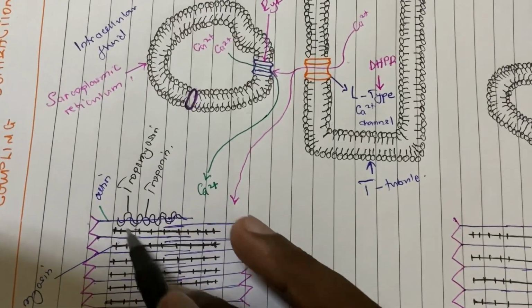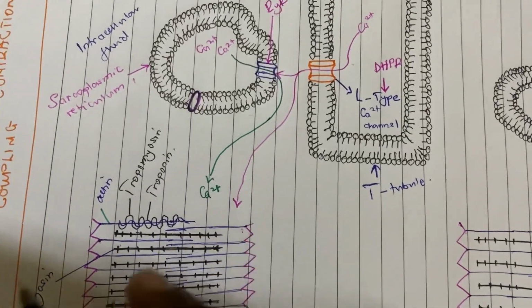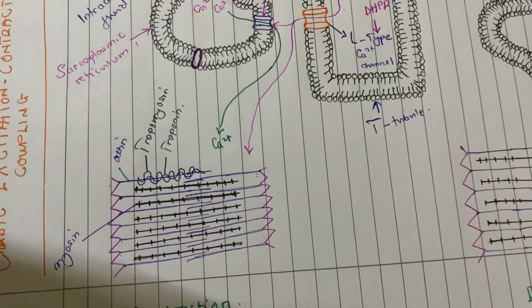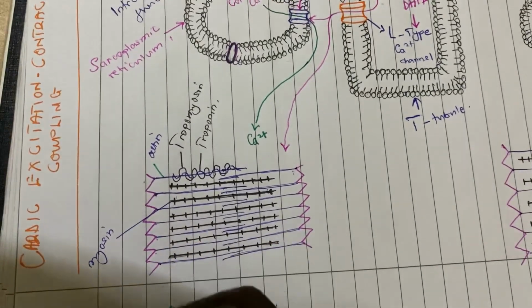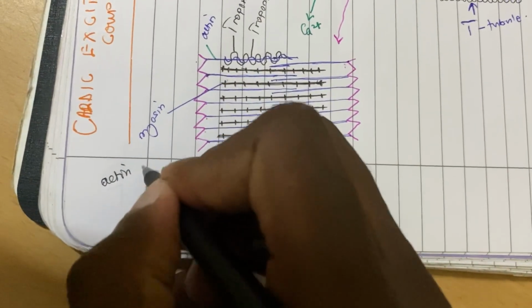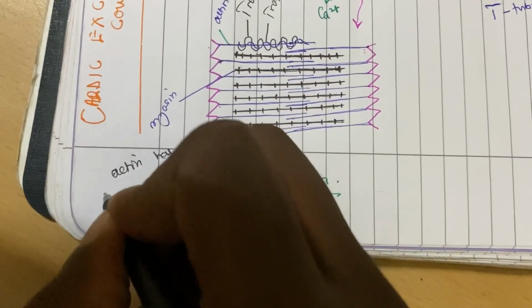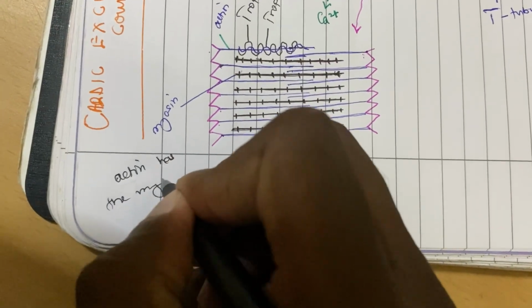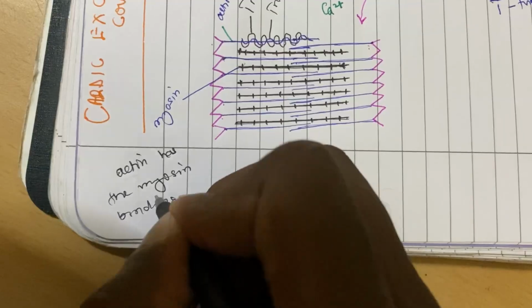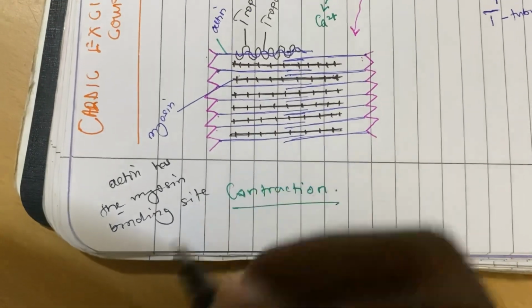When tropomyosin is on actin, it is blocking. Actin has the myosin binding site. This is in general physiology.